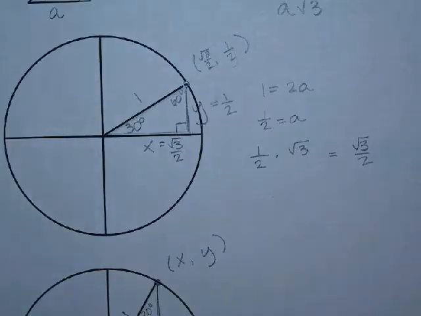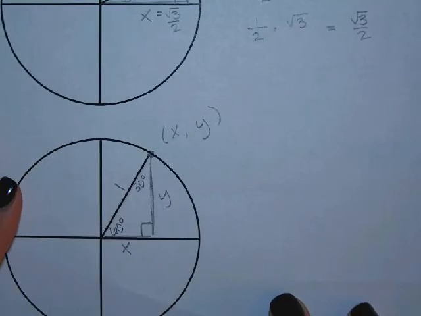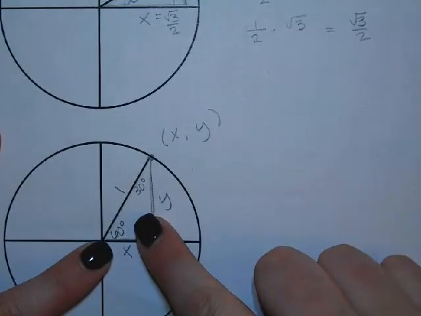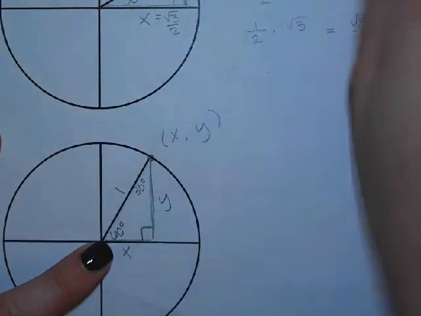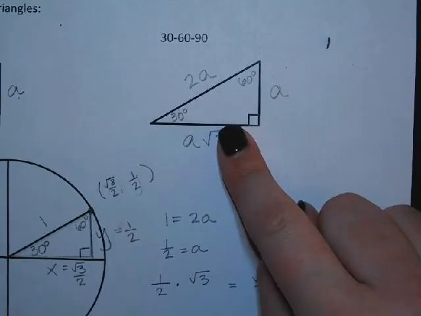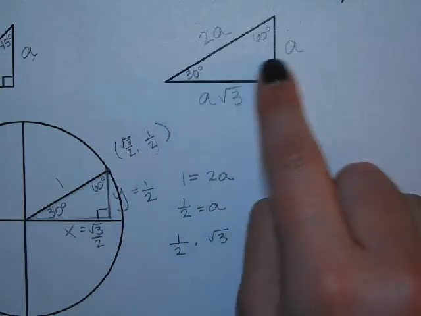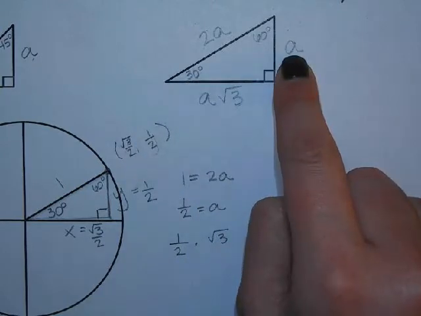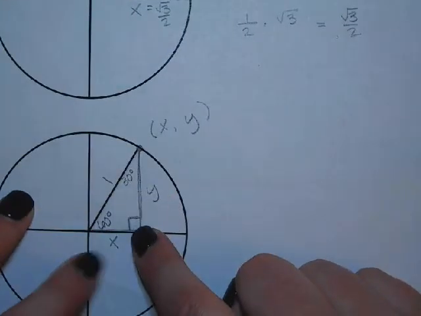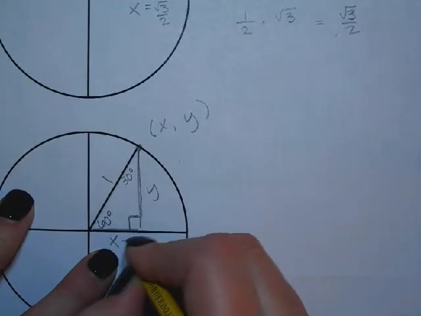All right, let's look at the next one. Okay, so this is very similar because we have just the rotated version of this one. So the side that's across from the 30-degree angle, remember that was the 1/2 side, that was the shortest side.